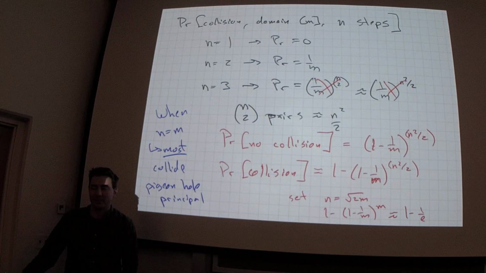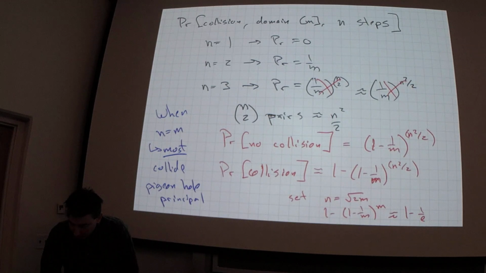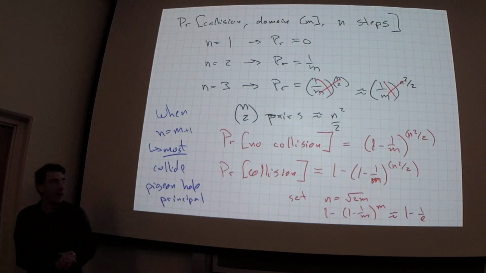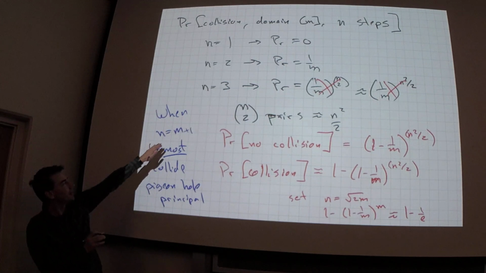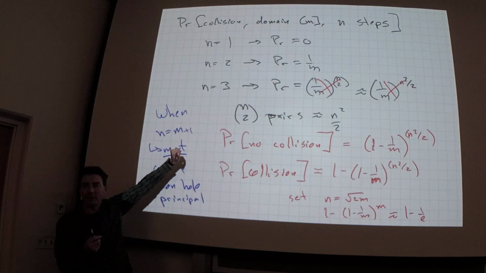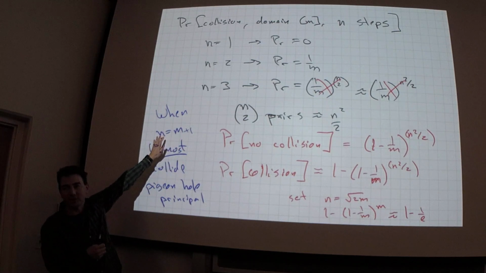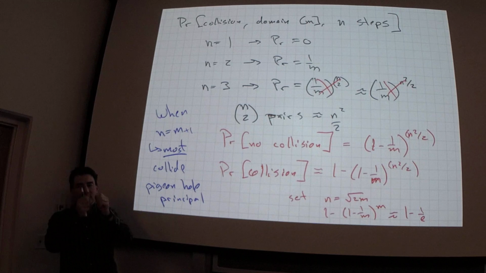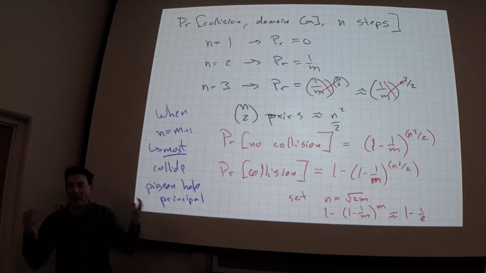Or n equals m plus 1. If you have m holes for pigeons to live in, and you have more than that many pigeons, then there must be 2 pigeons in the same hole. Okay, there has to be.